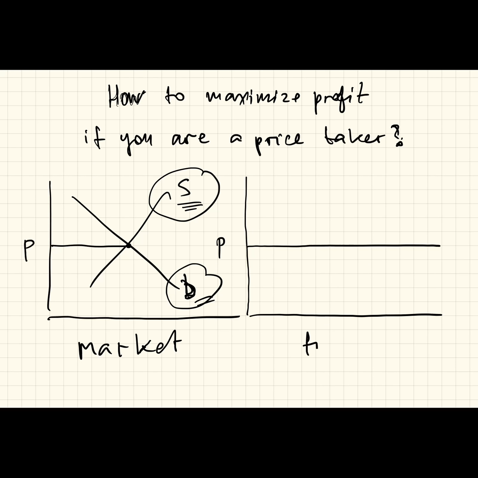So this is the firm situation. No matter how much or how little the company produces on its own, the price will not be affected. The idea is that the equilibrium quantity, which includes all quantities produced by all these numerous companies, will not notice the adjustments that one individual company is making.